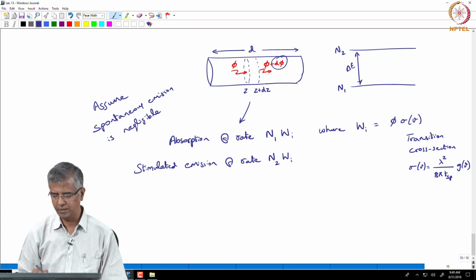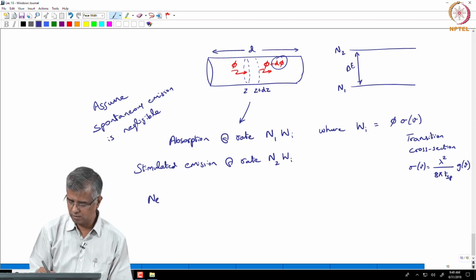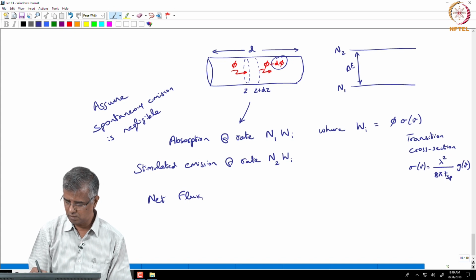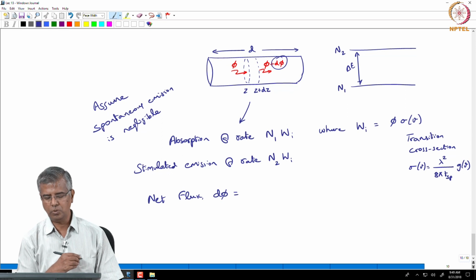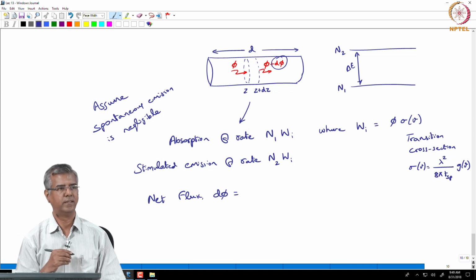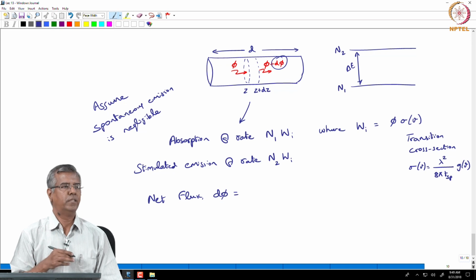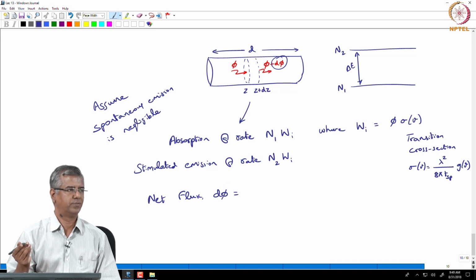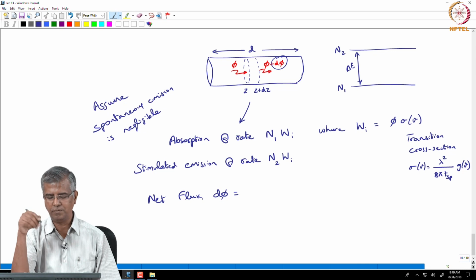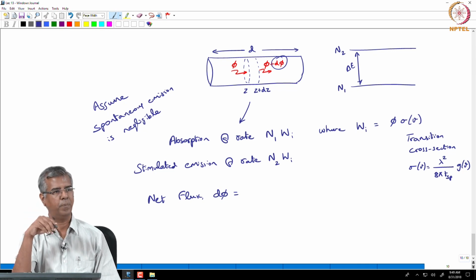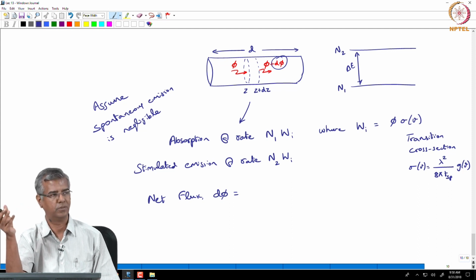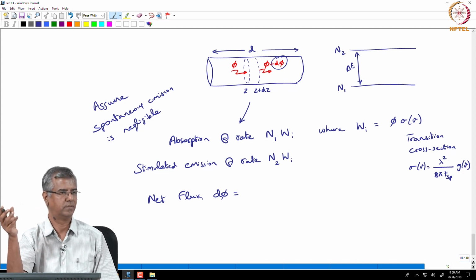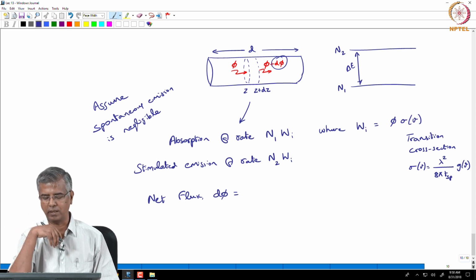value d phi, right. So, the net flux d phi would correspond to what? The difference in the two rates, right, because we are saying stimulated emission can happen, but that same emitted photon can also be absorbed, right, because that is also probable in this particular thing.